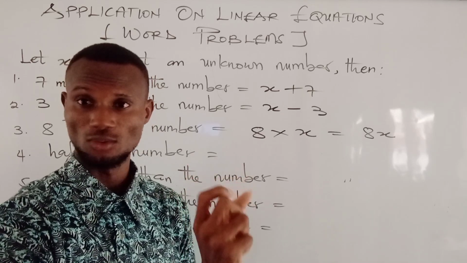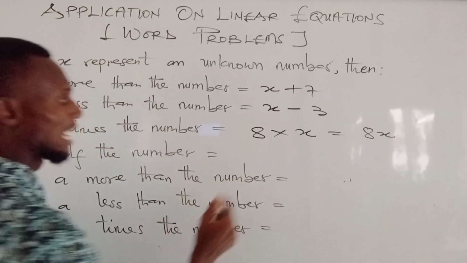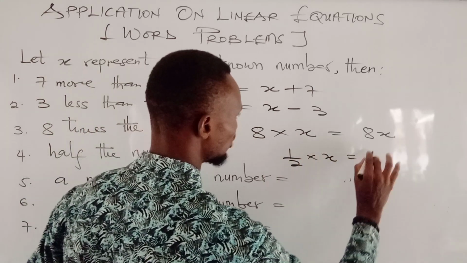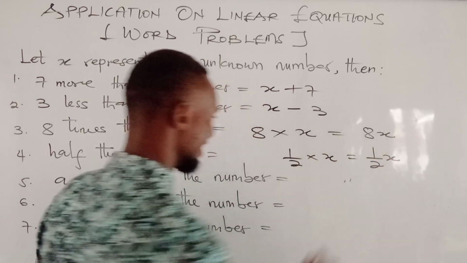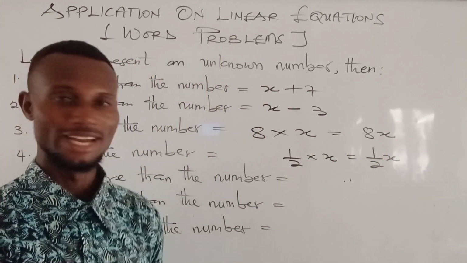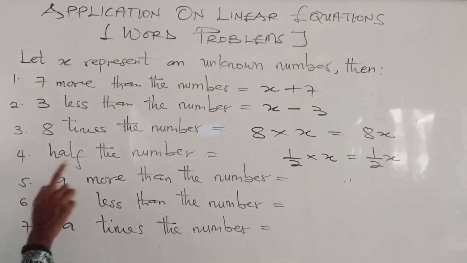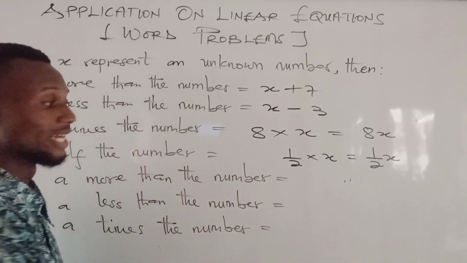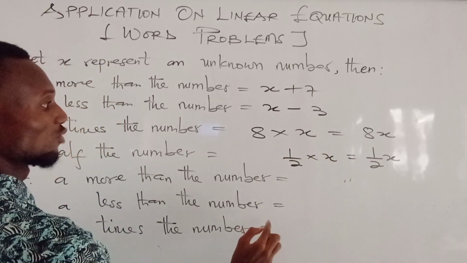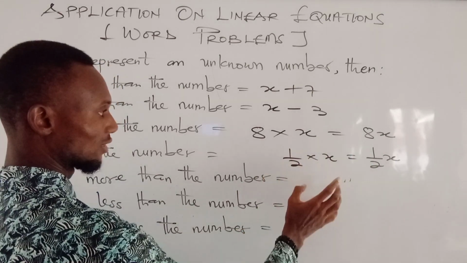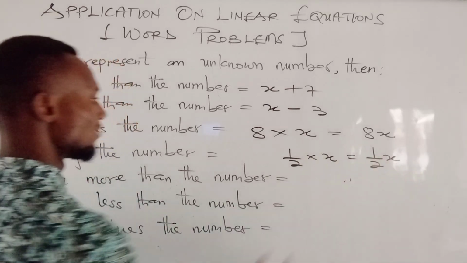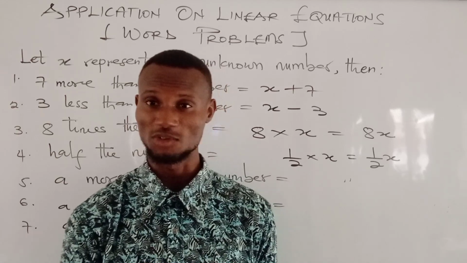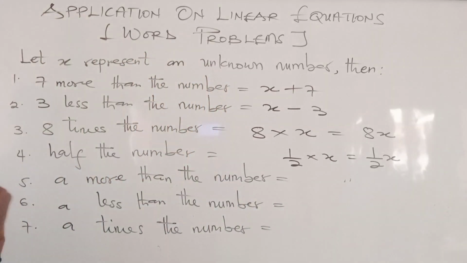That number is S, so half the number is 1/2 times S, which gives you 1/2 S. I hope you understand and you agree with me up to this point. Let's move on to the fifth one.